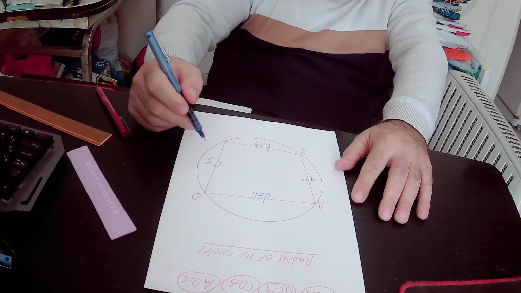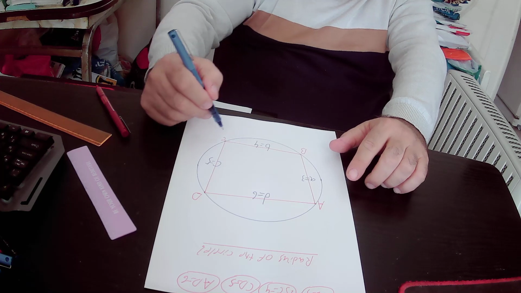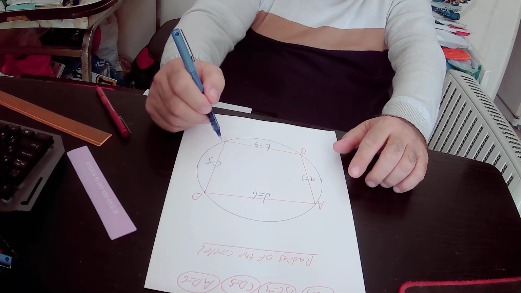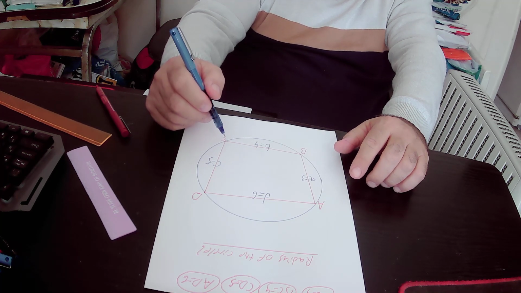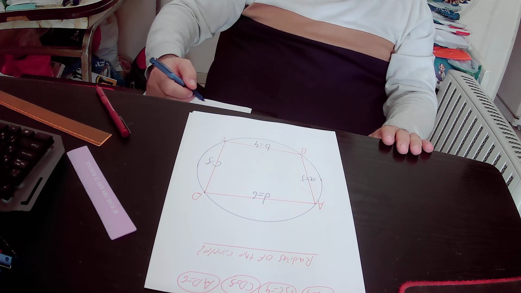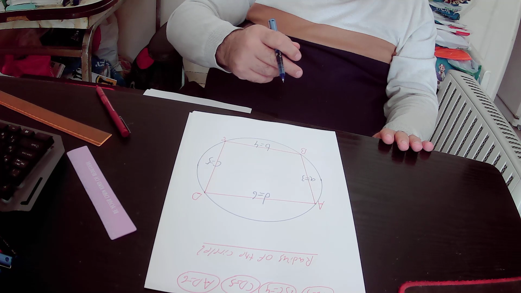And we want to find out the radius of this circle that blocks quadrilateral ABCD. Okay, so first of all I will present to you 3 new rules, and then we will implement the rules in our circle and quadrilateral.